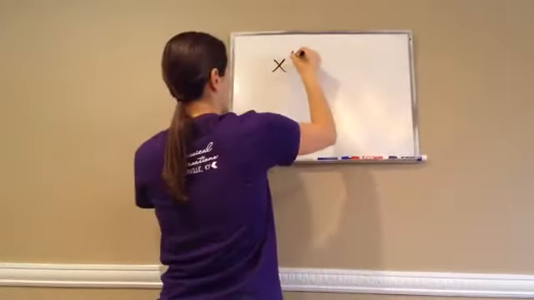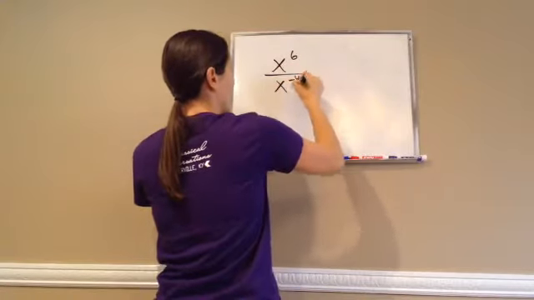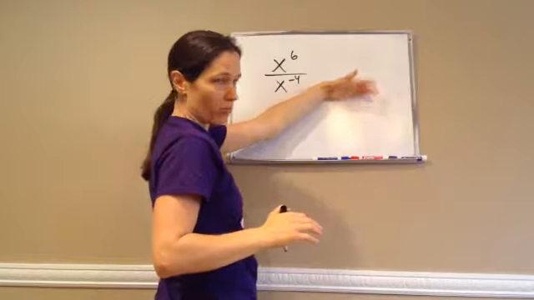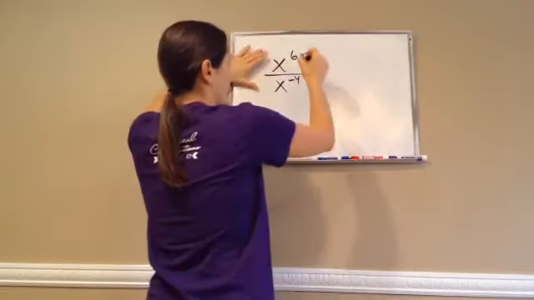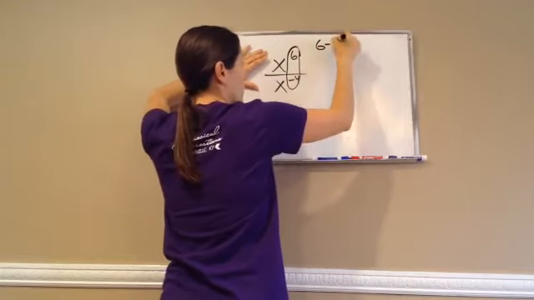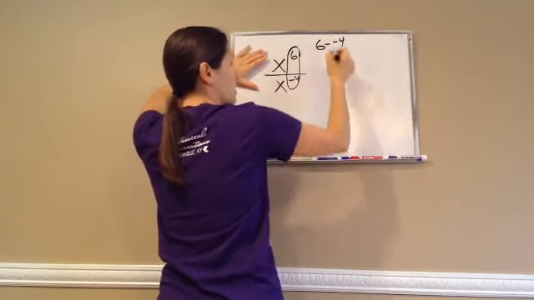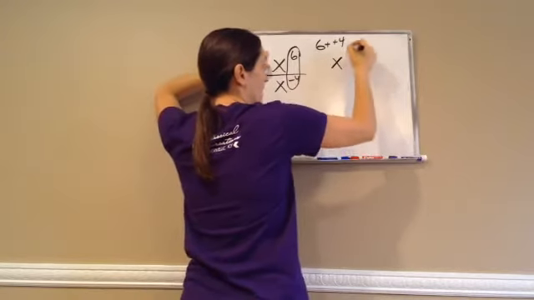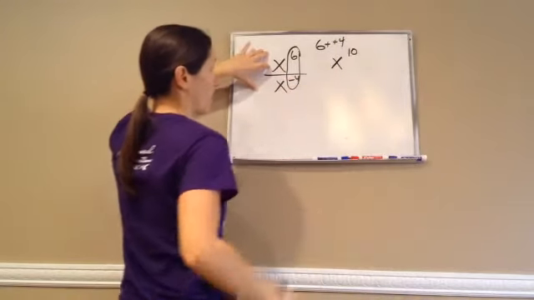Again, x to the 6th power over x to the negative 4. Okay, so before I tell you if we're putting it in denominator or numerator, let's just answer the problem. 6 minus a negative 4. Okay, so this would become a plus positive 4. So we would get x to the 10th power, right?